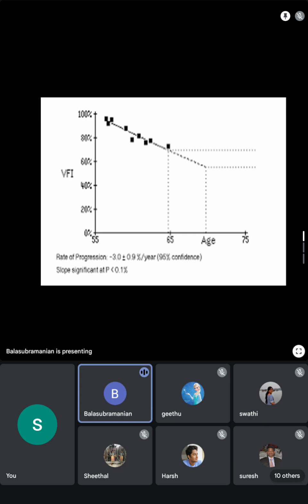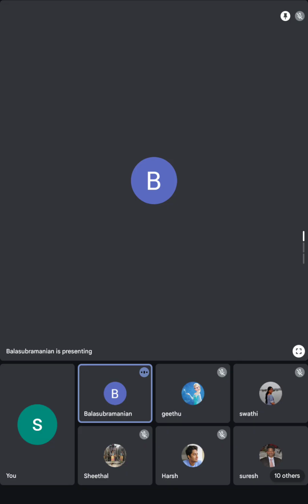When they tried to put a line across, closest possible to connect the dots, they arrived at a slope. The first test will be on the left, and gradually they have plotted it over time, the age of the person. Can you understand?